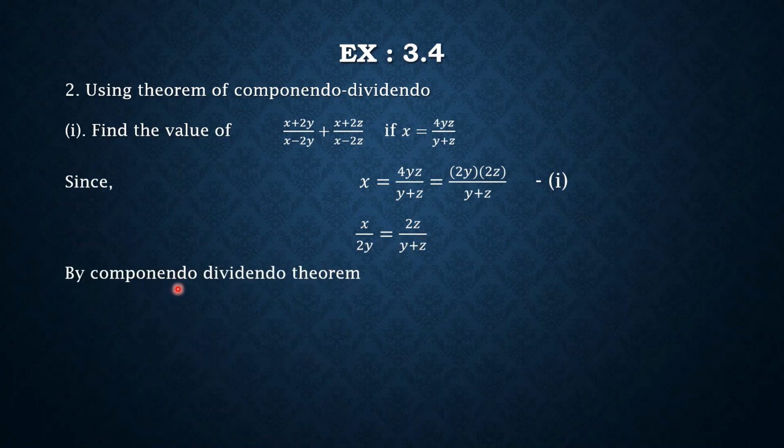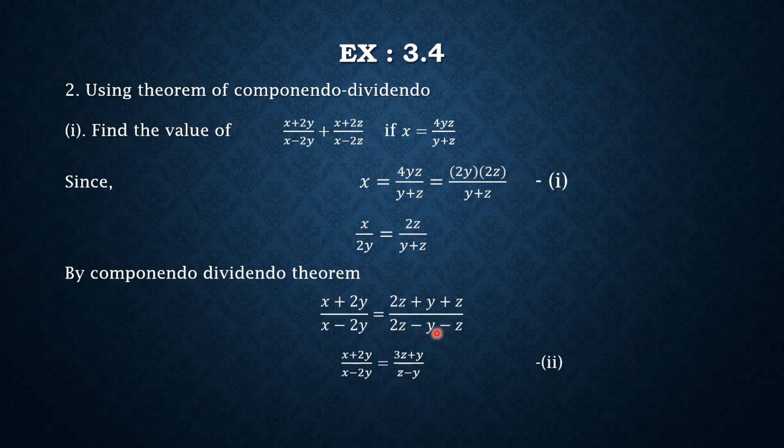Now by componendo dividendo theorem, this fraction can be written as x plus 2y over x minus 2y, that is numerator plus denominator divided by numerator minus denominator. This equal to, again by componendo dividendo, on the right side we have 2z plus denominator which is y plus z divided by 2z minus denominator minus y minus z.